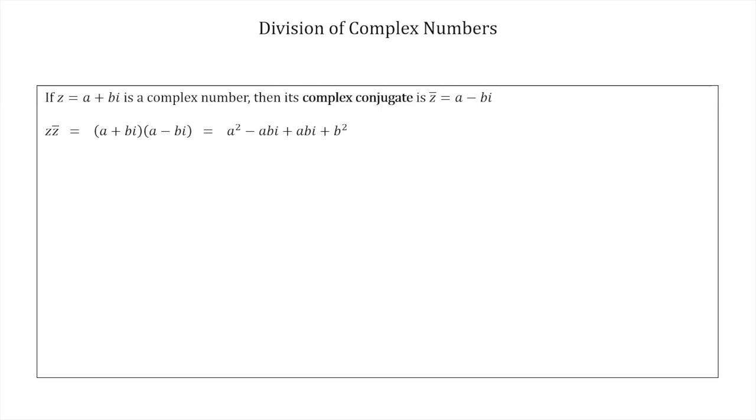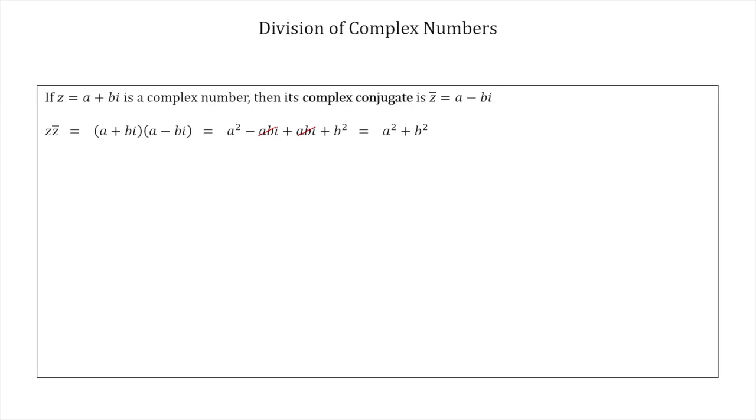Write down bi times minus bi. Remember, the i squared is going to become minus 1. Cancel the minus signs, you get b times b, so just b squared. Now, minus abi plus abi cancel out. One's the negative of the other. So we just get a squared plus b squared.